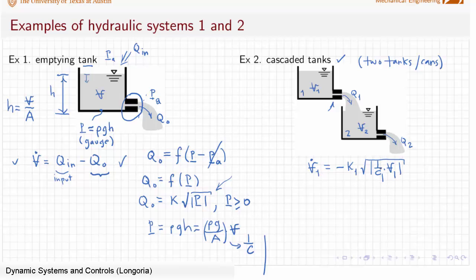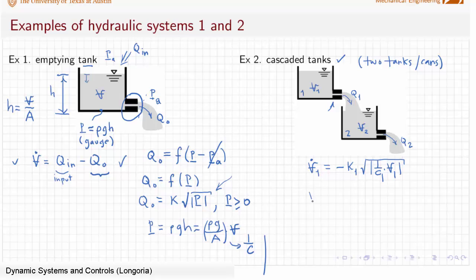You could absorb all of these into this K here, but that's the first equation. Note that this first one only depends on the variable V1 because this first can doesn't know that the second can is here.